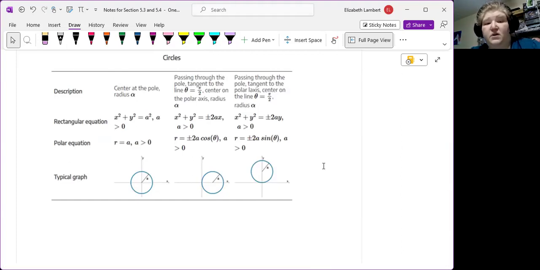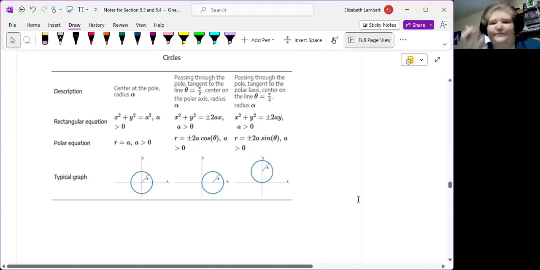If I have r equals 2a cosine theta, where a is positive, they have the 2a because half of that number in front of cosine is the radius of the circle you're going to draw, but the circle, instead of being centered at the origin, gets pushed over on, for cosine, the x-axis, or we see on the next one, the y-axis, which they call the line theta equals pi over 2. And the polar axis is the positive x-axis.